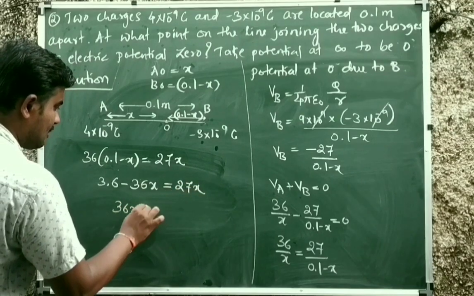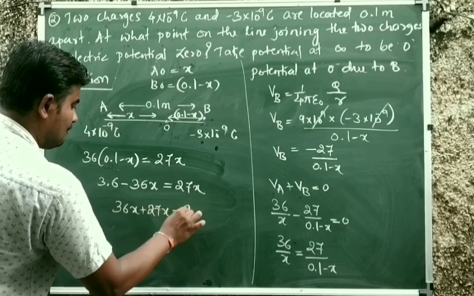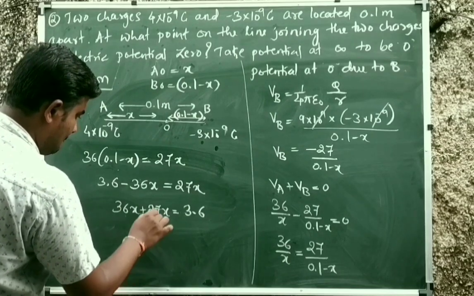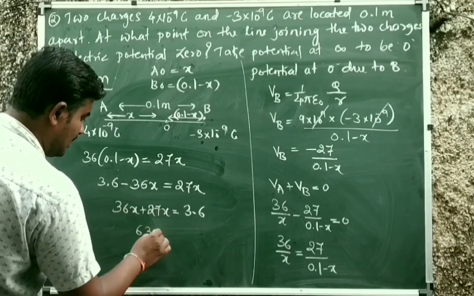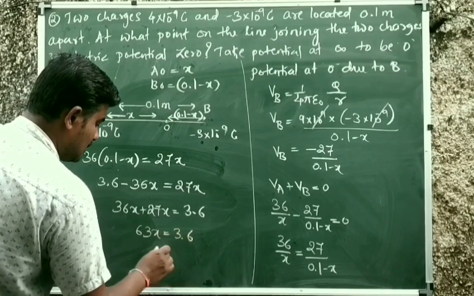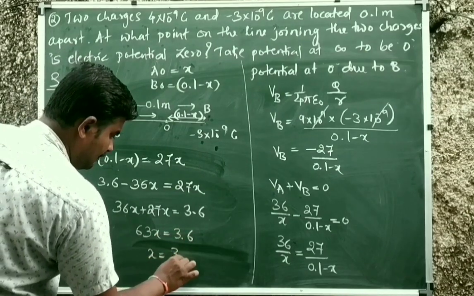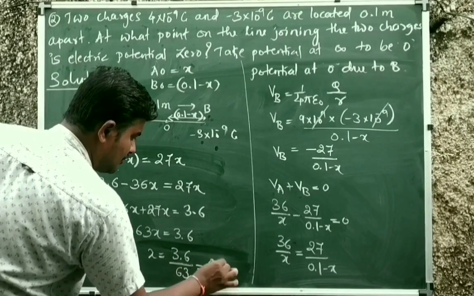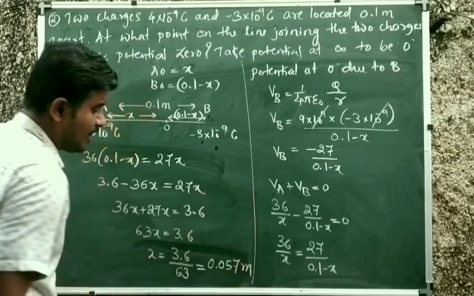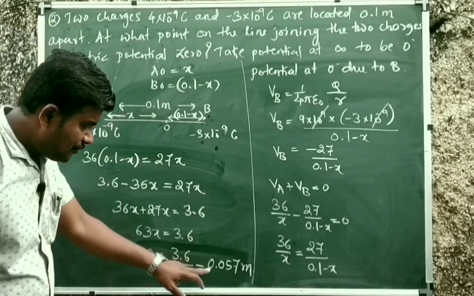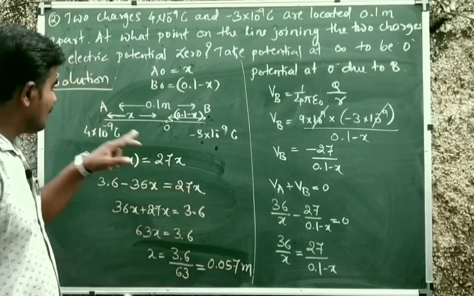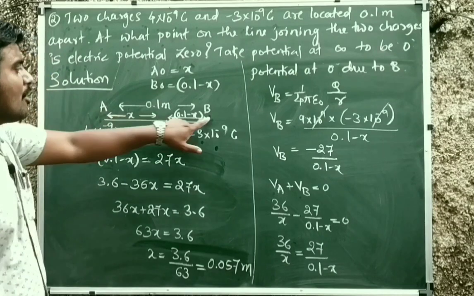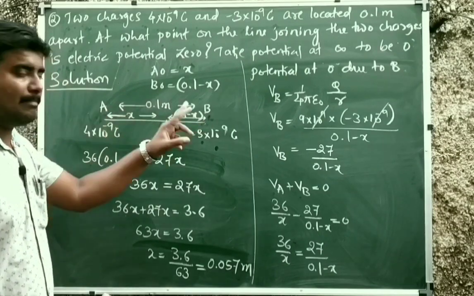So 36x plus 27x is equal to 3.6, and it is 63x is equal to 3.6, or x is equal to 3.6 divided by 63 is equal to 0.057 meter. It means at a distance of 0.057 meter from point A, the electric potential due to point A and point B, the sum, is going to be 0.